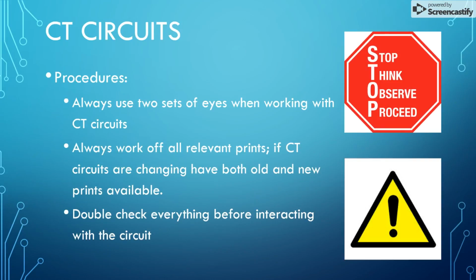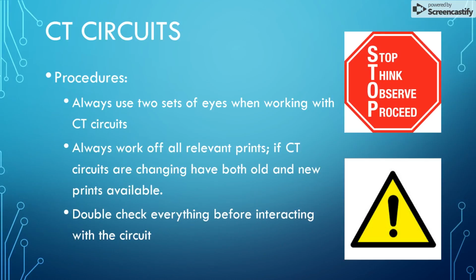Some procedures for working on CT circuits: always use two sets of eyes when working with a CT circuit. Make sure that what you're seeing is really what's there, and have someone else verify it. You always want to work off relevant prints. If you're changing a CT circuit from an older configuration to a newer configuration, make sure you're looking at both sets of prints, old and new.